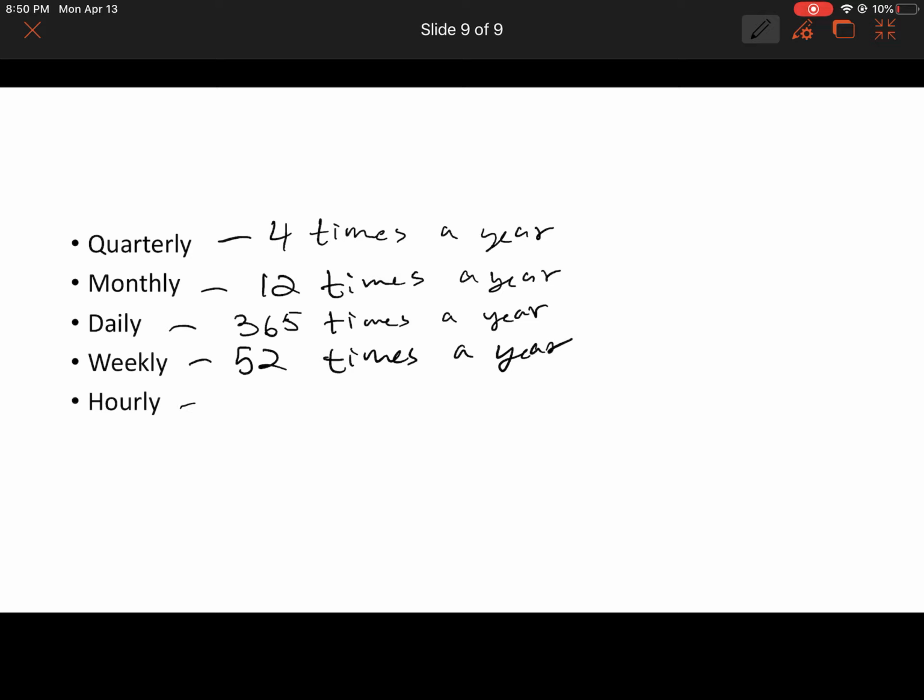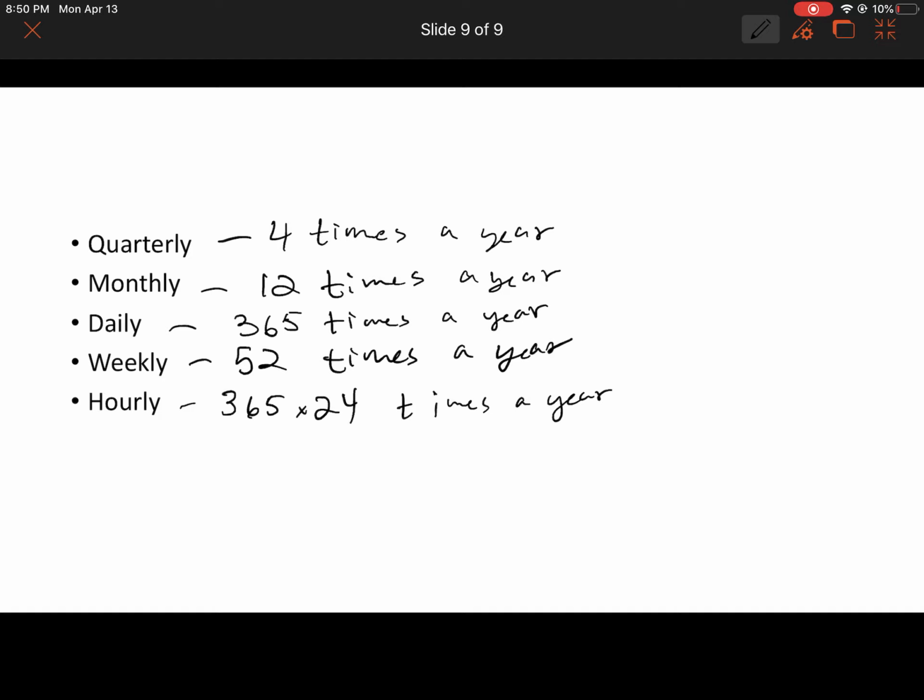And then finally, hourly. Well, let's say your money grew every single hour. Well, you would have to take the number of days in a year, multiply times the number of hours in a day, and this is how many times a year hourly would mean. Let me go ahead and multiply that out just to make it easy for you guys if you ever see it again.